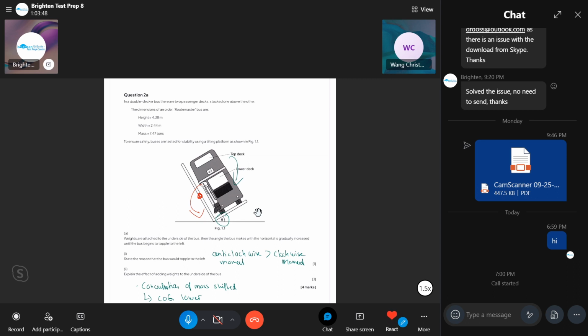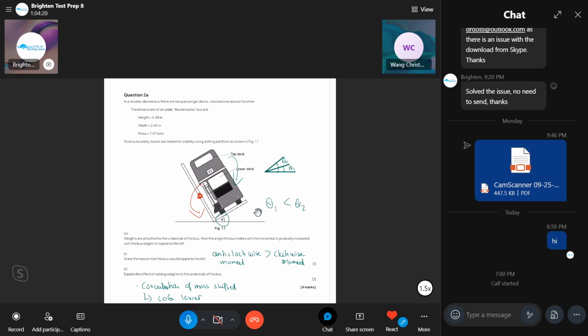If theta 1 is the angle at which it toppled before adding the mass, then clearly theta 2 will be a greater angle with the added mass before it topples. So theta 2 can be greater than theta 1. If it was like that before the adding, now the angle can be like this.